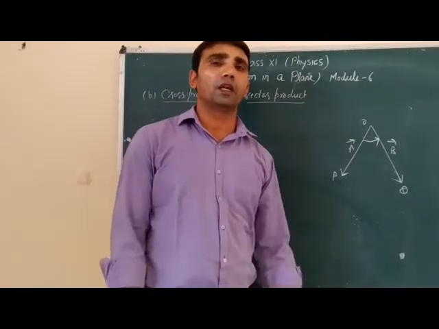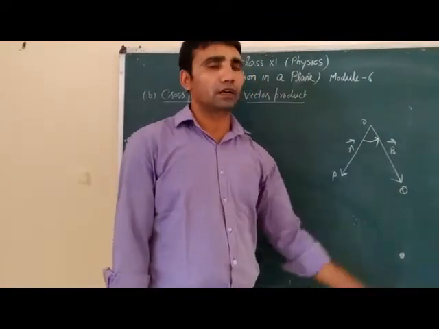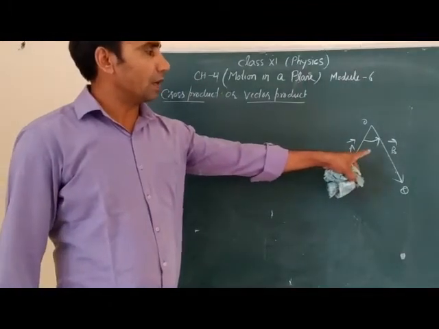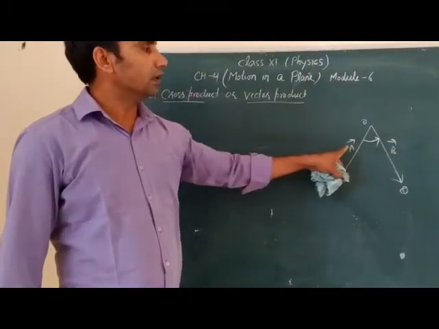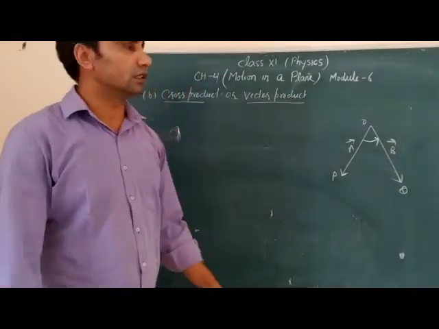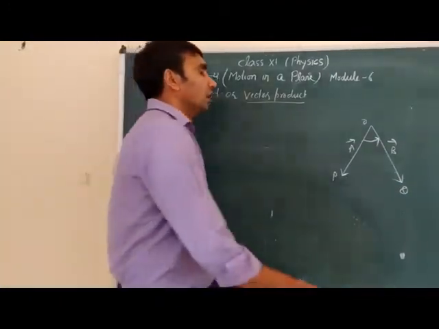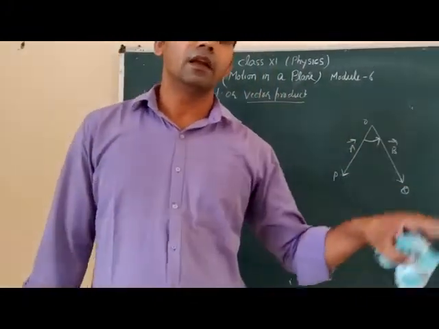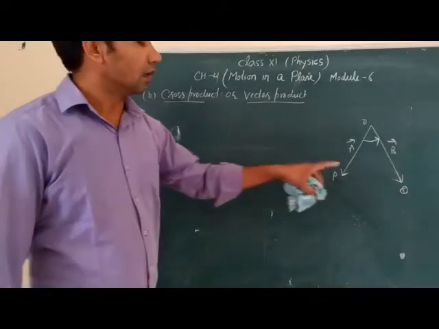The cross product of vector A and B is another vector, equal to magnitude of vector A, magnitude of vector B and sine of the angle between them. The cross product of these two vectors we get in a different plane.